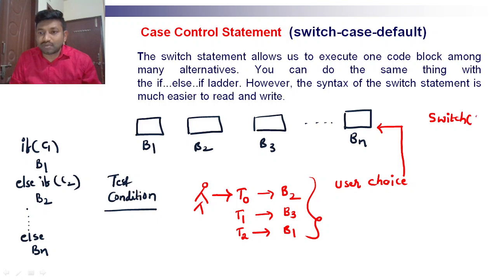You can switch on the Bi block, meaning it could be B1, B2, B3 or Bn. Then the control goes to that block and executes the set of statements written in it. But this is possible using two more keywords. We call it case. In fact, case is followed by a colon, not a semicolon. And we also have the default case.